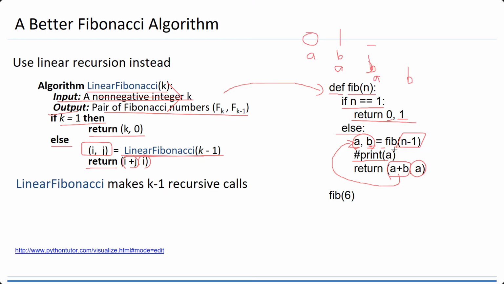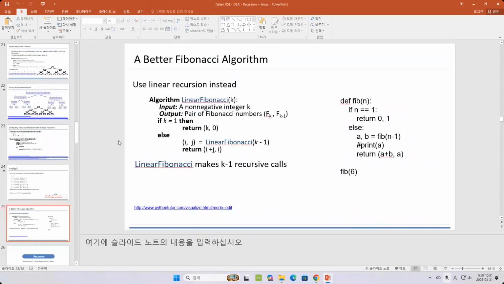That's why we do a plus b, because this is the new value, and then it will be the a when you have the new variable, and so on. So it will move forward in the sequence. So if you have 6, then you can do it for 6 numbers. So you can check.